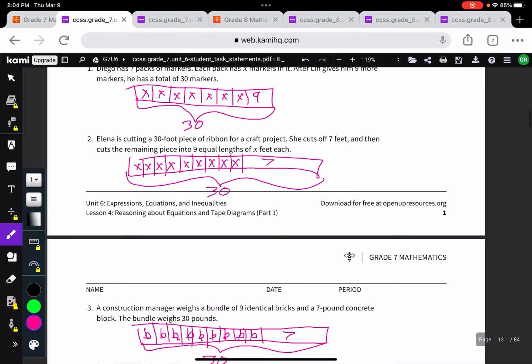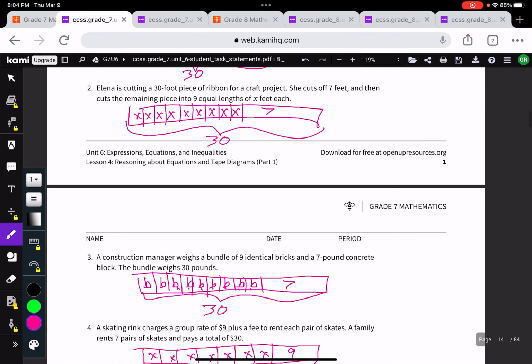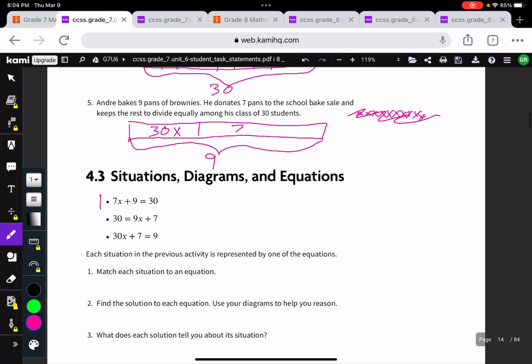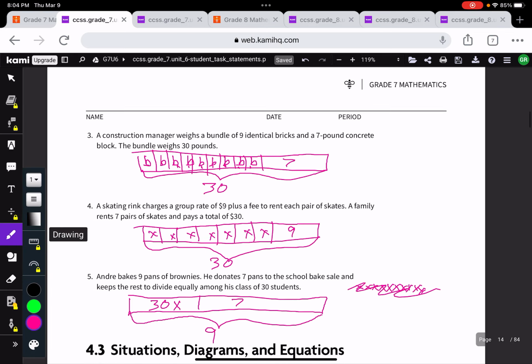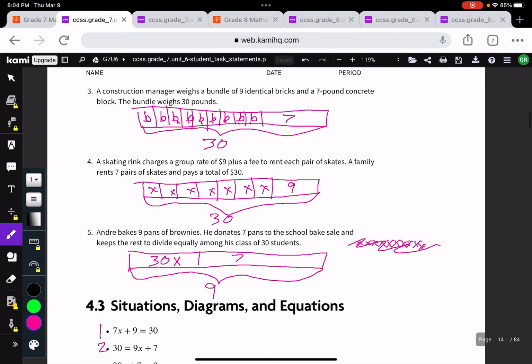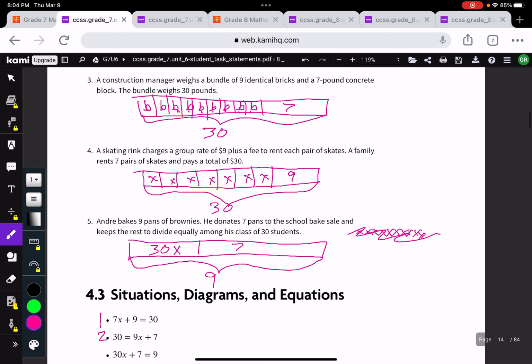So let's look at number 2. There's 9 X's and a 7 equaling 30. So that must be number 2. Number 3, there are 9 B's, or 9 X's if we really wanted to call it X. I just chose bricks. And 7 again. So guess what?